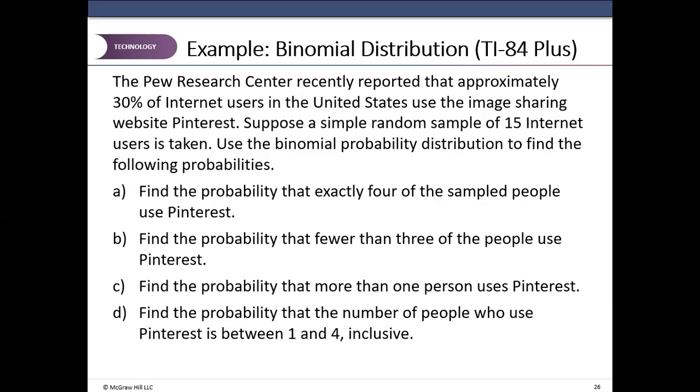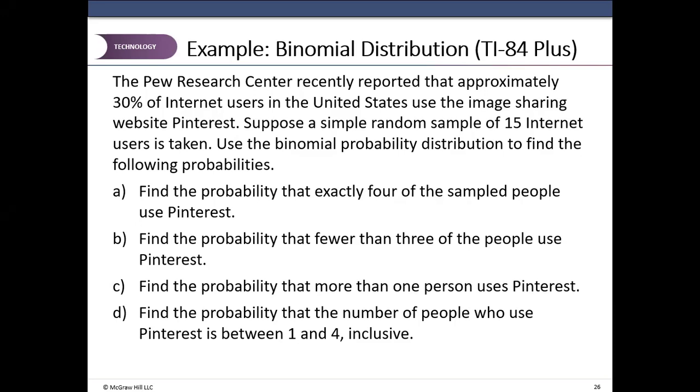What is the next one? The probability that fewer than 3. Fewer than 3 means 0, 1, and 2. So you're picking the probability of X equal to 0 and adding it to X equal to 1, and adding it to X equal to 2. Since we start from 0 up to 2, this is binomCDF. 2nd VARS, you scroll down to binomCDF and hit enter.